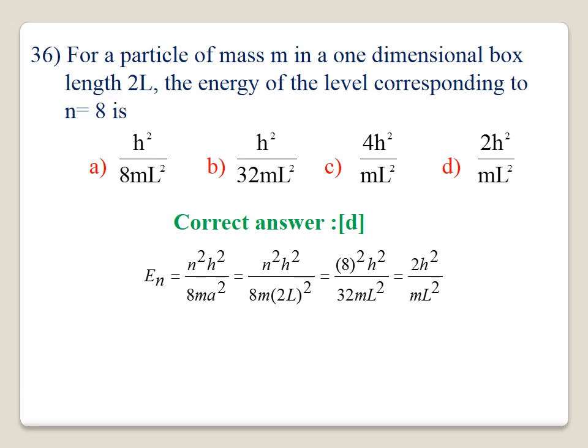Here 8 square is 64, divided by 32 gives 2. Therefore, the final answer is 2 h square by m L square. The correct answer is D.